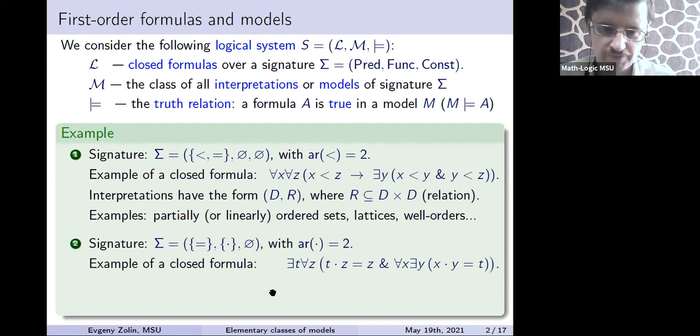This is an example of a formula. There is some t such that for any z, t times z equals z. So this first part states that there is a neutral element, the unit. T plays the role of a unit. We don't have a unit in the signature, so we must claim that it exists in an axiom.